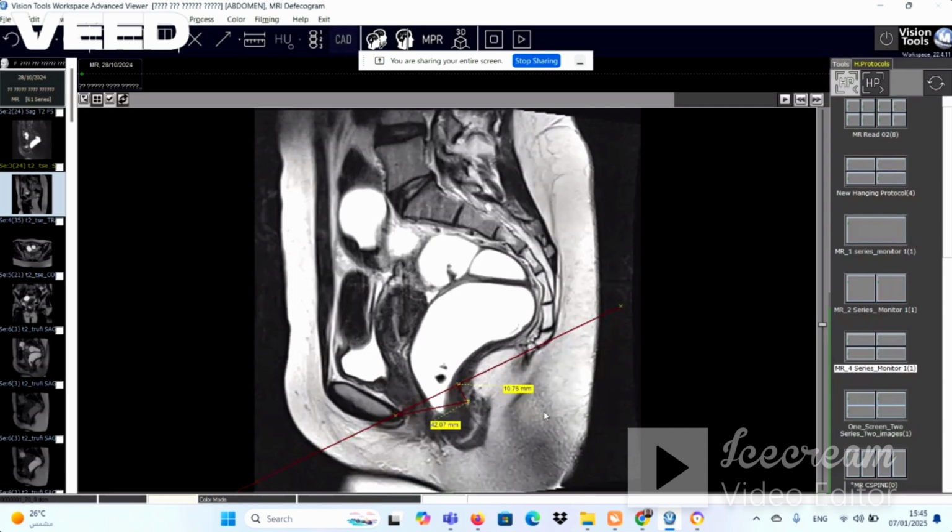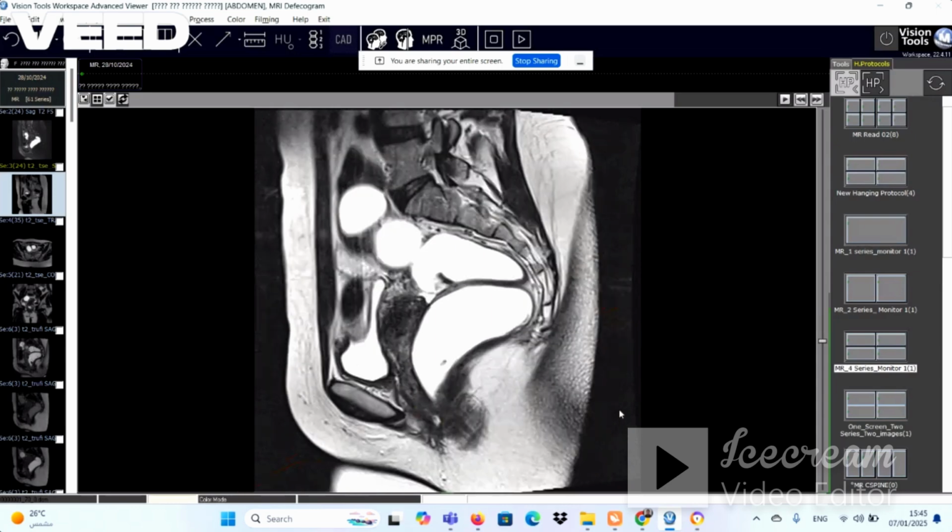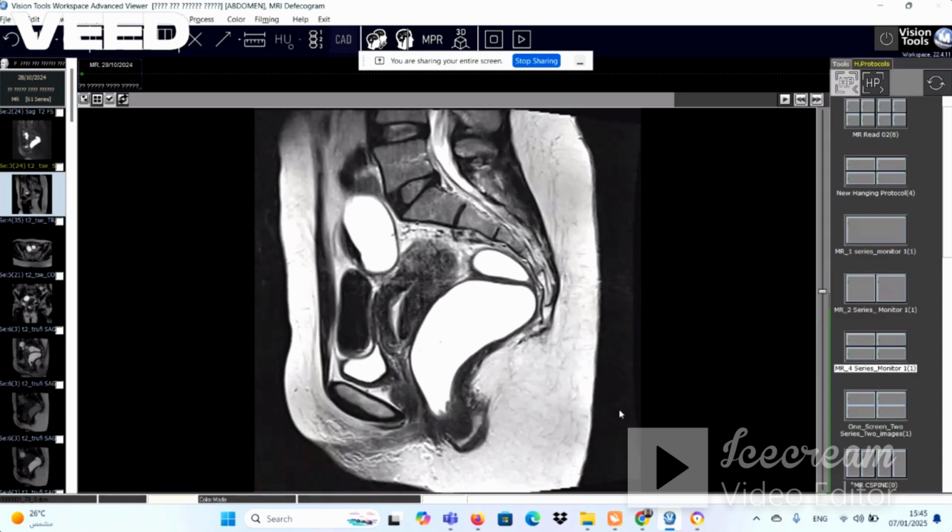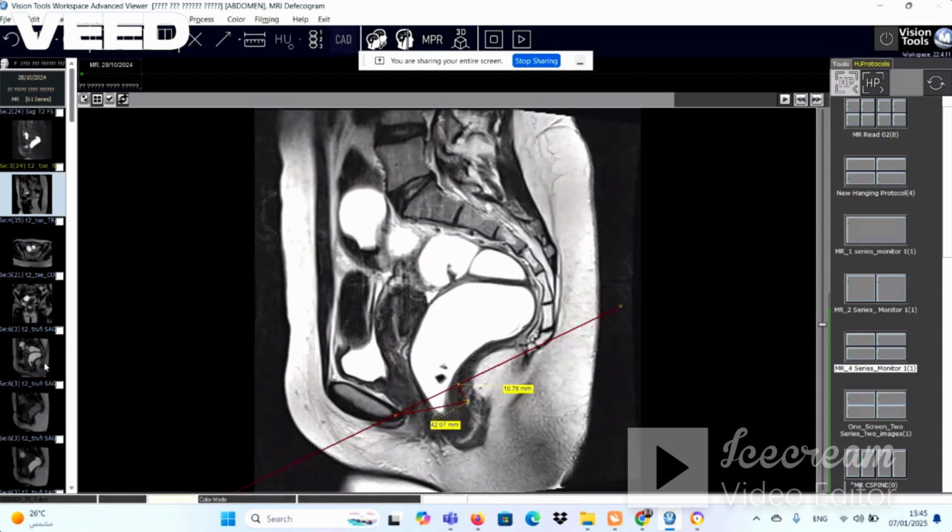So we don't have any significant descent or widening of the levator hiatus dimension, because the H line reflects the anteroposterior dimension of the levator hiatus. So we don't have any significant abnormality.